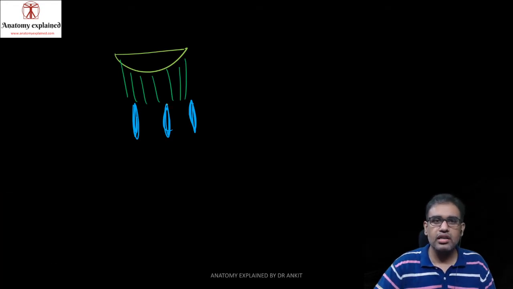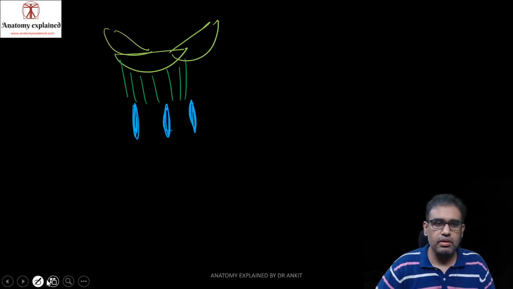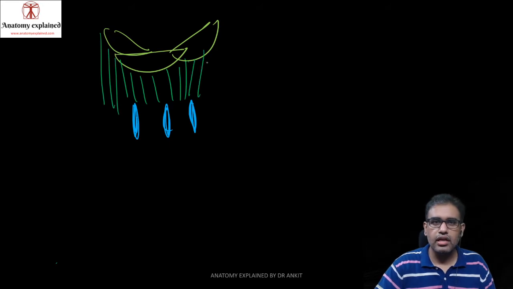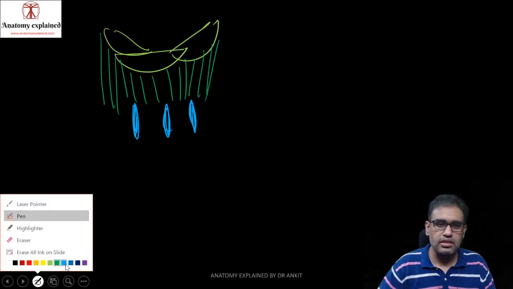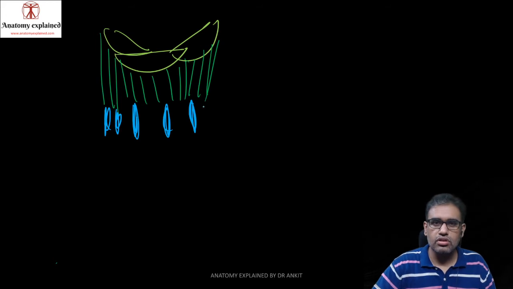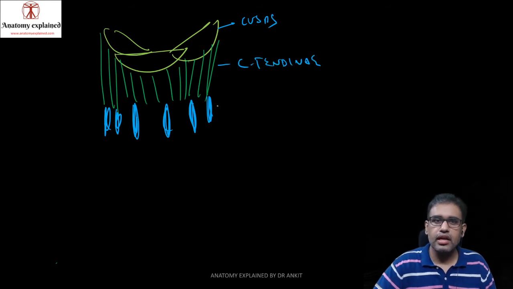So if we draw more of the cusp, there will be more chordae tendineae, and obviously more papillary muscles. We won't go into the details, but we have to understand a few basic things: these are the cusps, these are the chordae tendineae, and these are the papillary muscles.